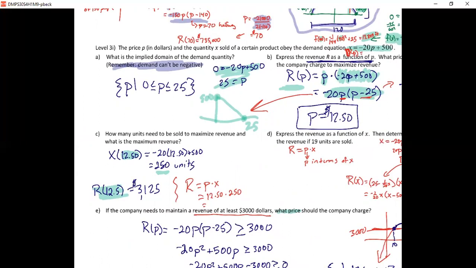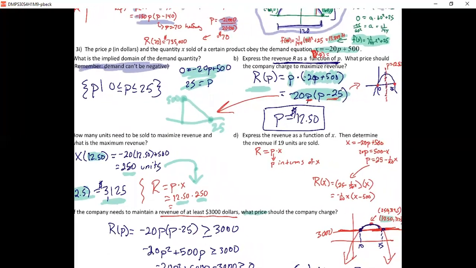So as I said, this is all interconnected. We're going to have a series of different ideas all working together. The R of $12.50 is 3,125. That's one approach we could have taken. Once we knew that we had 250 units, we could also have said price times quantity, which also gives us $3,125.